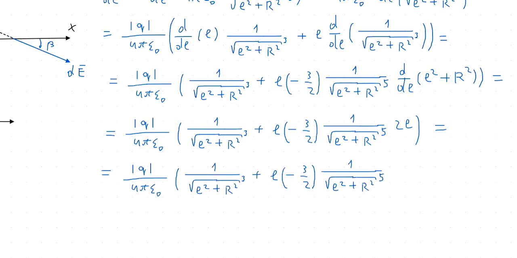First of all, we will obtain minus 3 L to the power of 2 and close bracket.